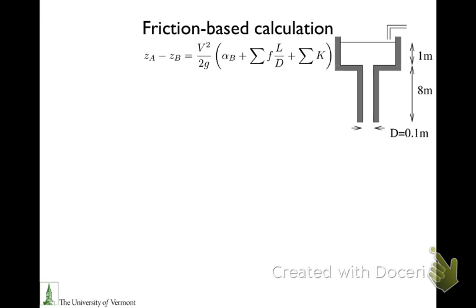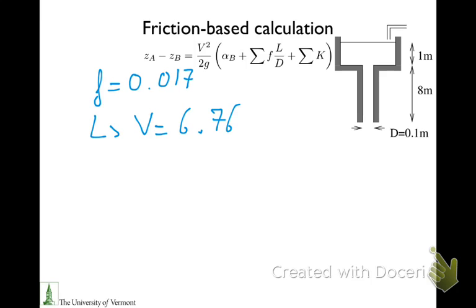If I calculate my new velocity with f equal to 0.017, which is roughly what I read in my diagram, I end up with velocity equal to 6.76 meters per second, and that's pretty much converged at this point. You could do another iteration, but I think we can safely say that this is converged. So this is the way to calculate the flow rate when you are given the pressure gradient, the delta P or the delta H.